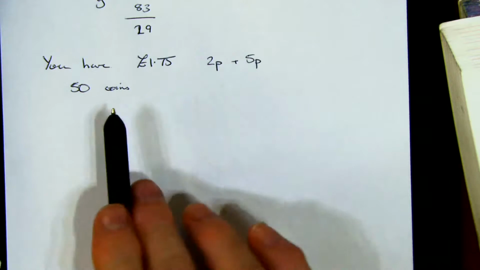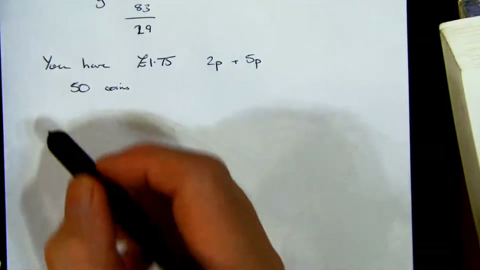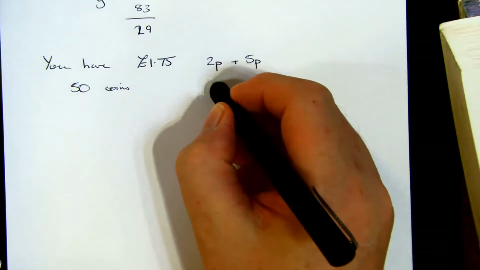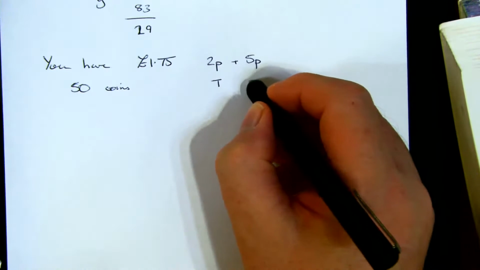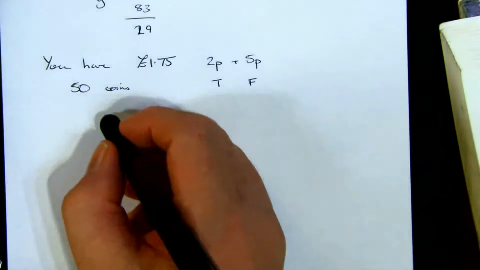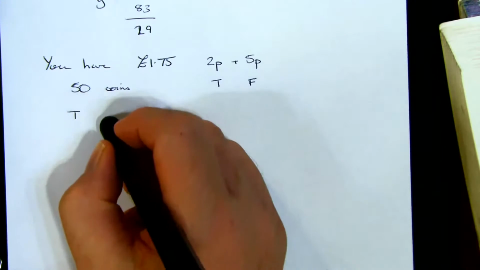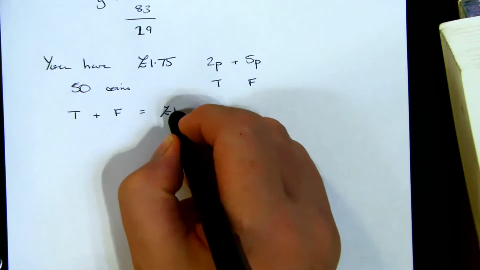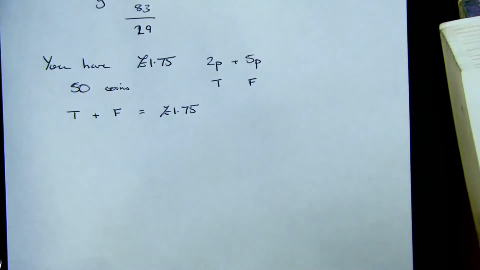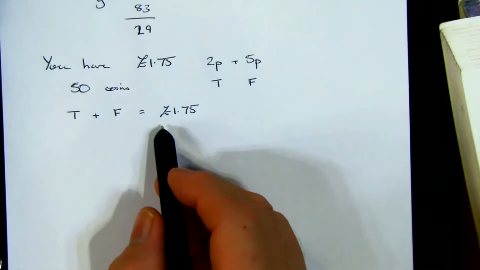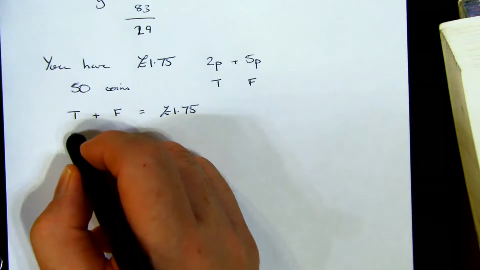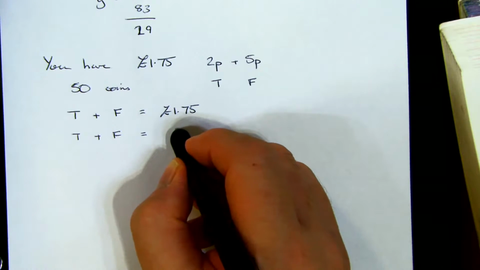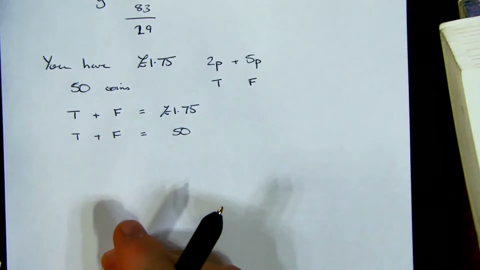We know you've got some different coins: some 2p coins and some 5p coins. So we're going to call those T and F. So my 2p coins plus my 5p coins is going to equal £1.75. And I know that my 2p coins plus my 5p coins can also equal 50.